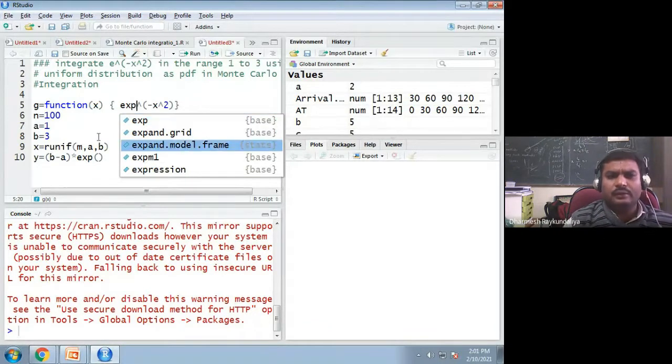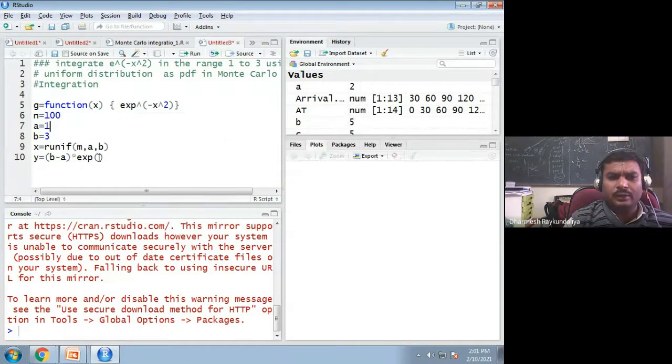Is it necessary to go for exponent? यहाँ पे लिखने की जरूरत है मुझे? नहीं है. तो मुझे तो सिर्फ क्या करना है, x से मल्टीप्लाई करना है ना, because x I have already taken. I am generating uniform, and then I have to multiply with the g of x. Because g is this function and x is this, it will calculate e raised to minus x square.